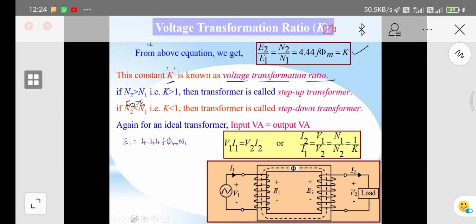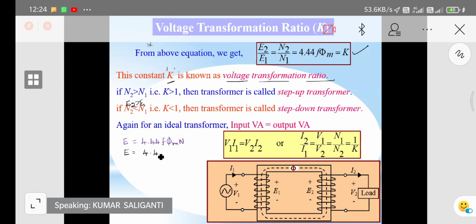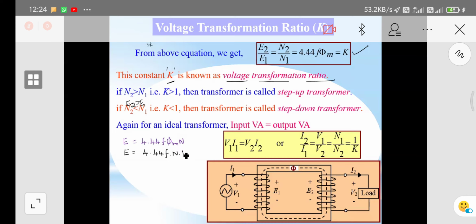Otherwise E equal to 4.44 F into N into phi M, where phi M is nothing but Bm into A. So phi M equals Bm into A.